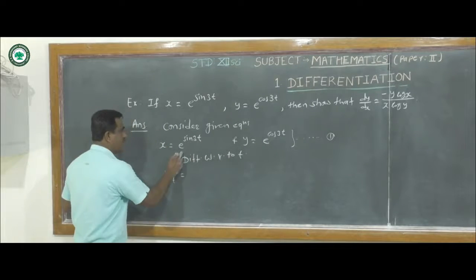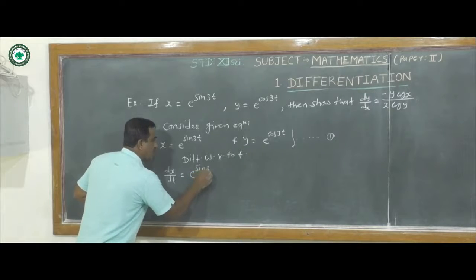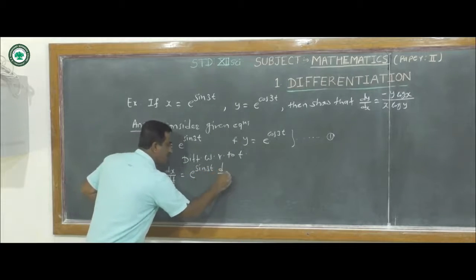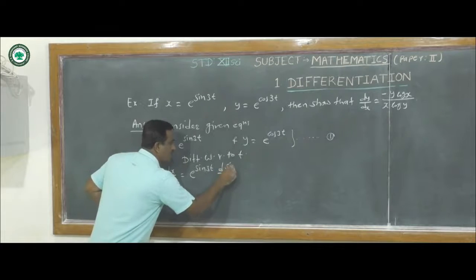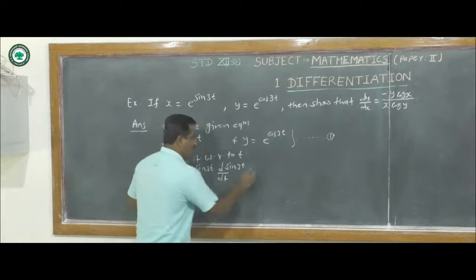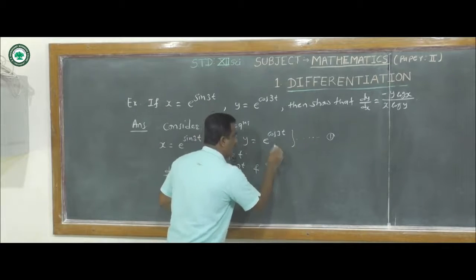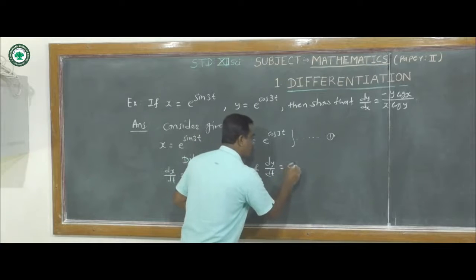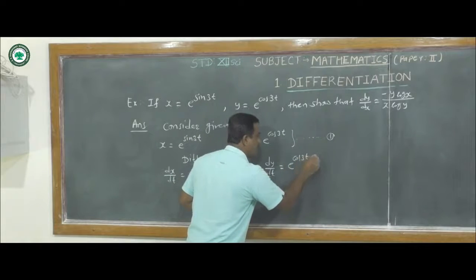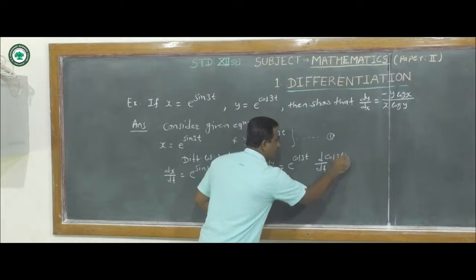Therefore, the derivative of e raised to sin 3t is e raised to sin 3t into d by dt of sin 3t. Similarly, derivative of y, dy by dt, equals the derivative of e raised to cos 3t, which is e raised to cos 3t into d by dt of cos 3t.